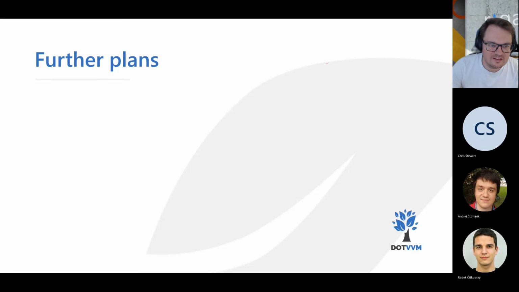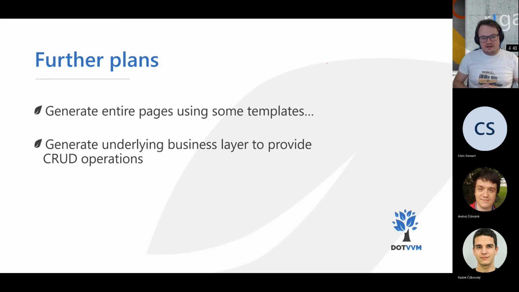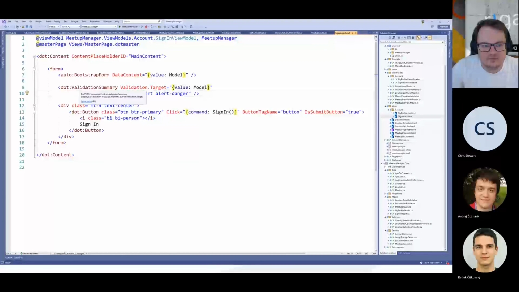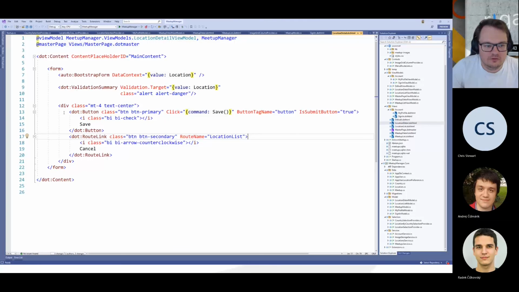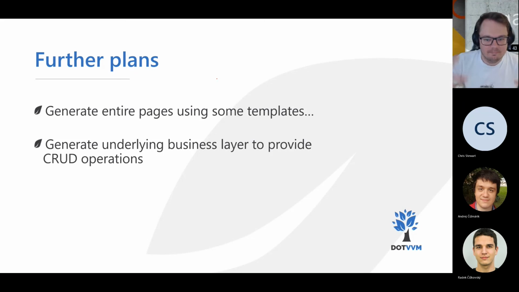Let's see the further plans of Auto UI, because we can generate the forms, but you may have noticed that most of the forms are the same. Like the sign-in form and this location detail form, you can see only the buttons are different, but otherwise it's the same. So why not generate basically the entire page or larger pieces of pages?